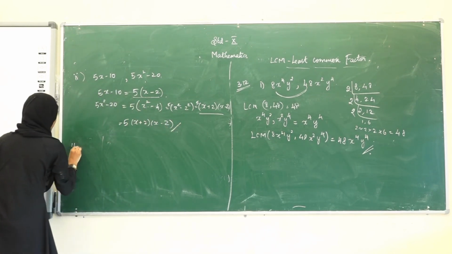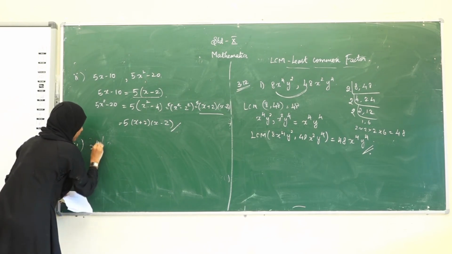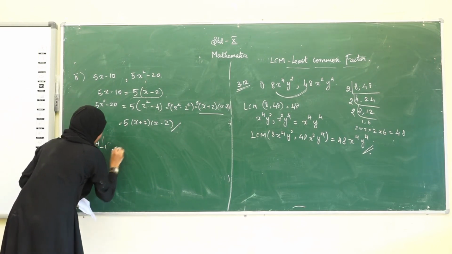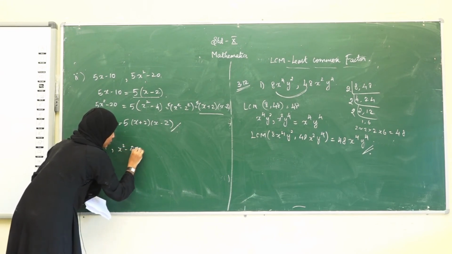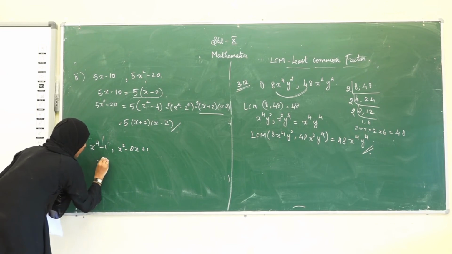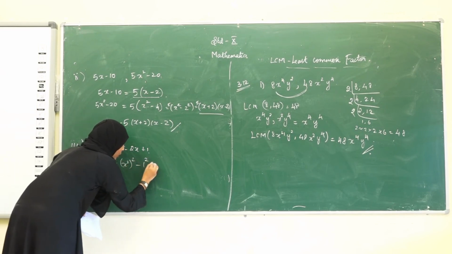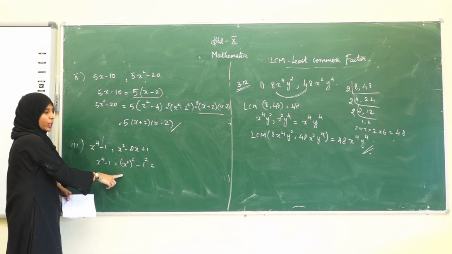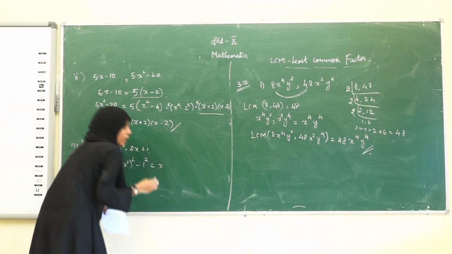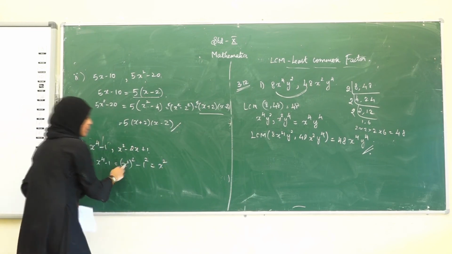And in the third subdivision, find the LCM of x power 4 minus 1 and x square minus 2x plus 1. Consider x power 4 minus 1 alone. How can we write it? x square the whole square minus 1 the whole square, in the format of a square minus b square, that is a plus b into a minus b. Here a is x square.